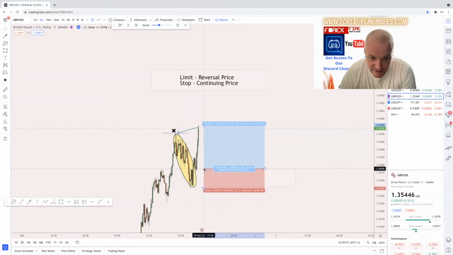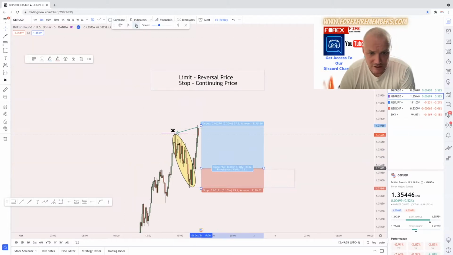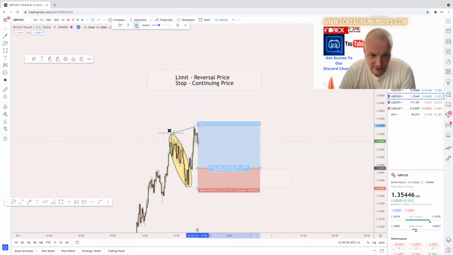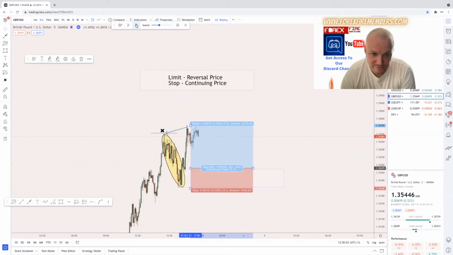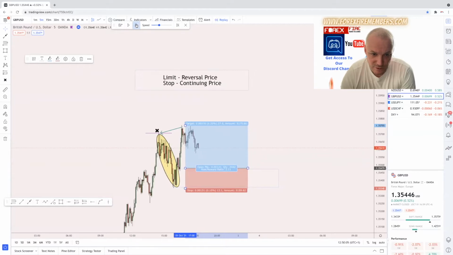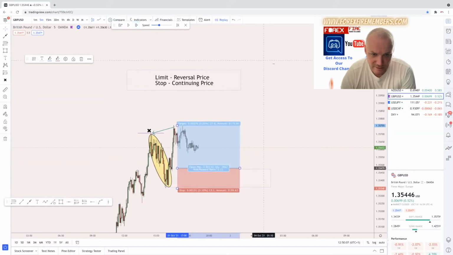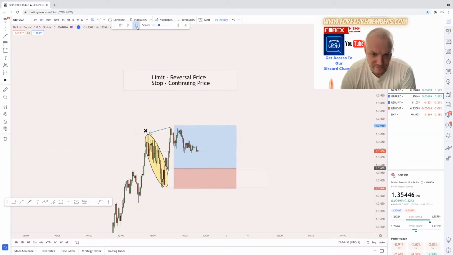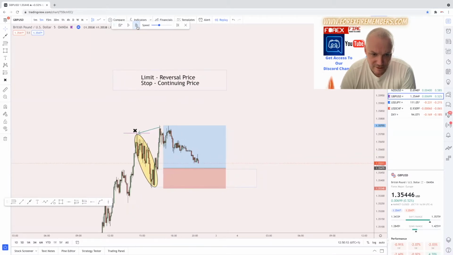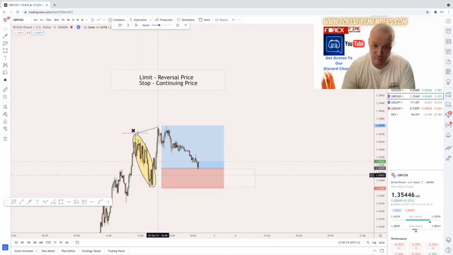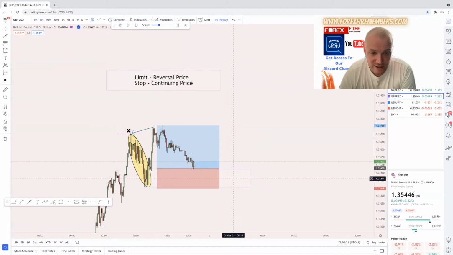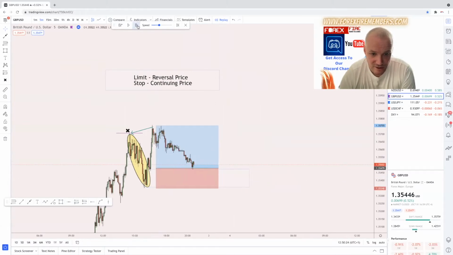As we put this in and play this along, price started to flag back in. Let's let price do its thing. It's tagged the area that we're expecting it to come back into and respect, and then it starts its move.